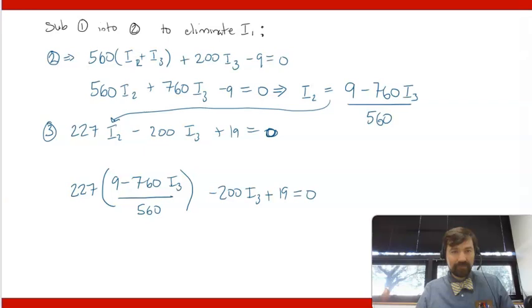So remember that you can break fractions up to look more like this. So 9 over 560 minus 760 I3 over 560. And so basically you now are doing some calculator work to solve for I3.